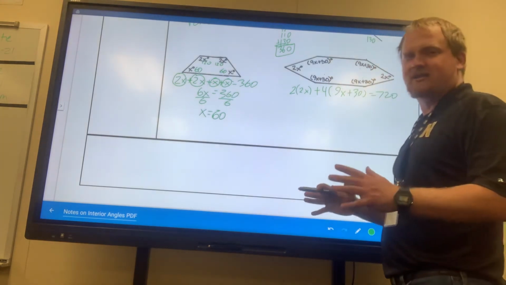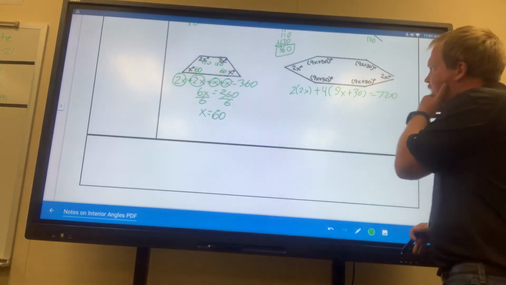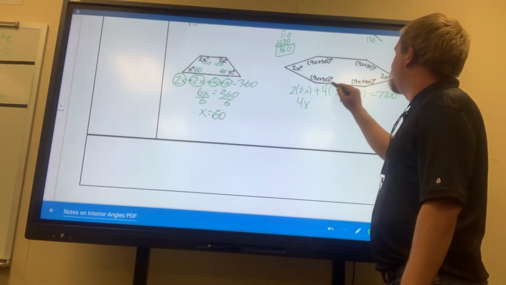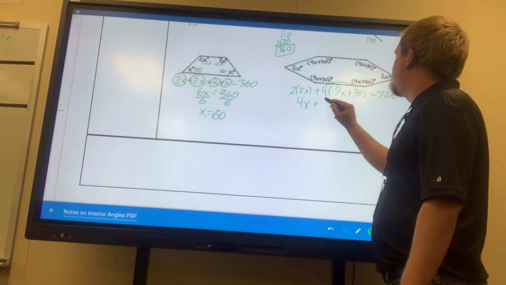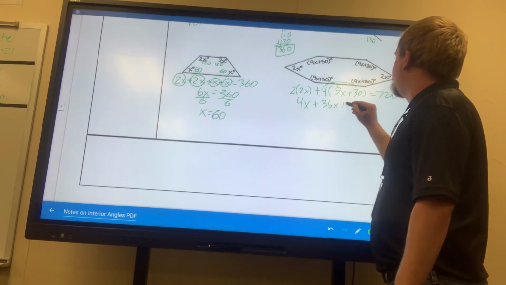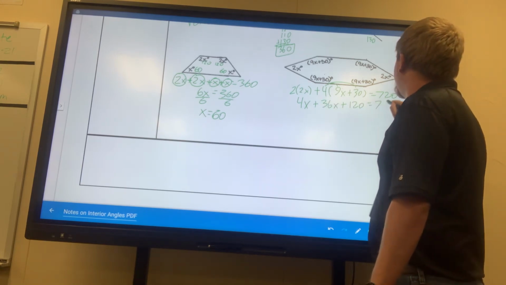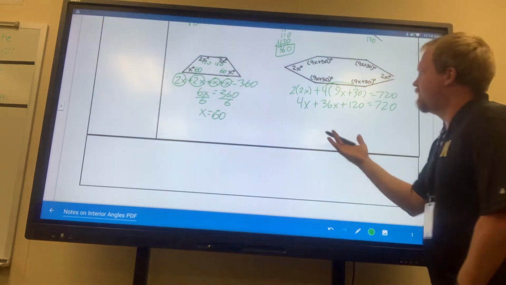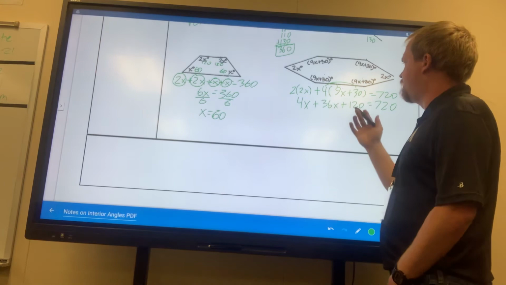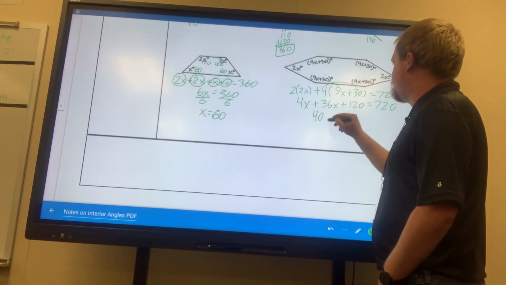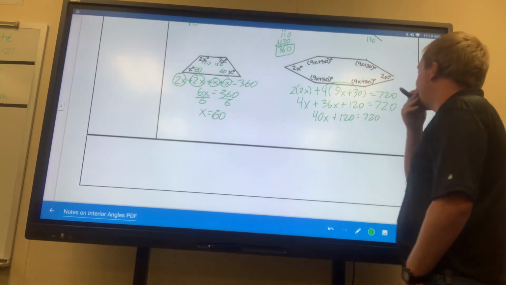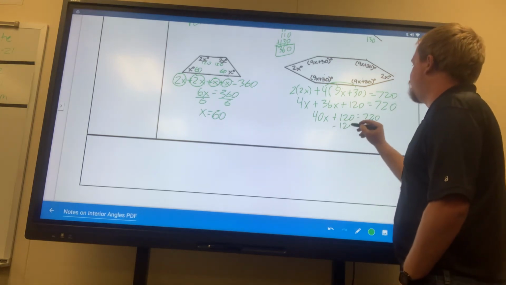Just to make it simple and easy. So 2 times 2x is 4x. I have to distribute the 4 to make it 36x plus 120 equals 720. So now, combine like terms: 4x plus 36x is 40x. Subtract 120 from both sides.